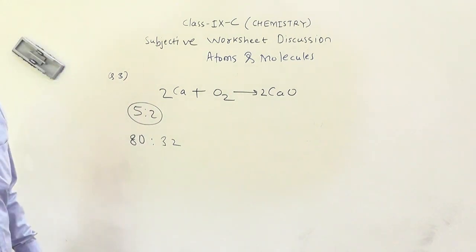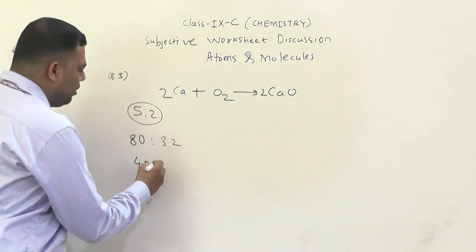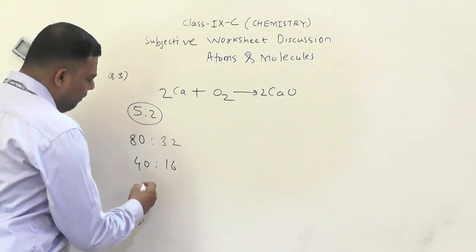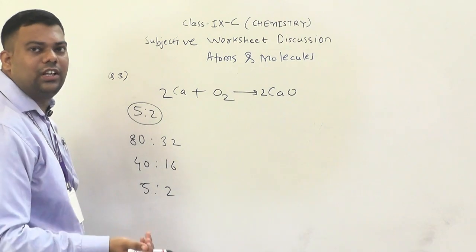You may also write 40 and 16, and again you get 5:2 easily.